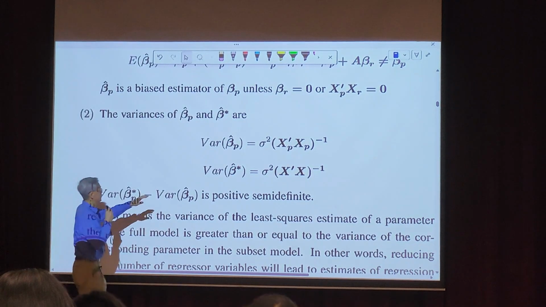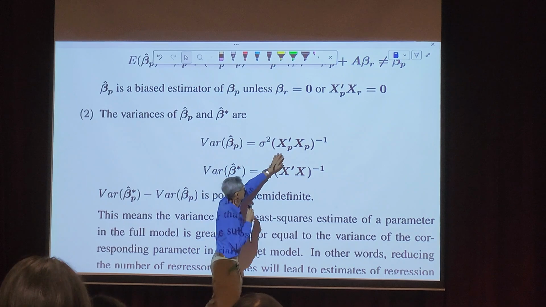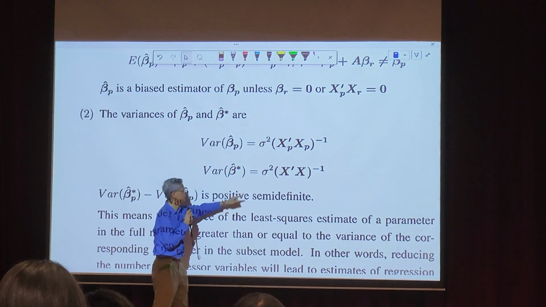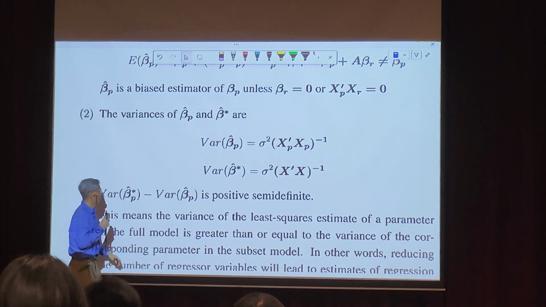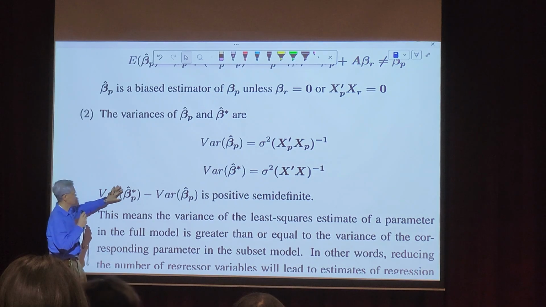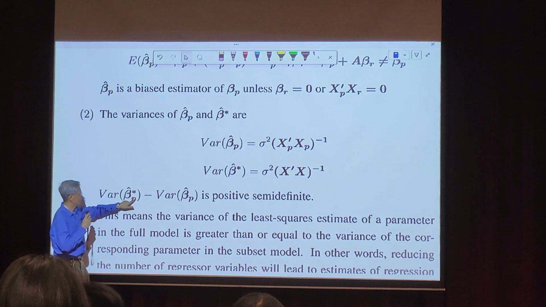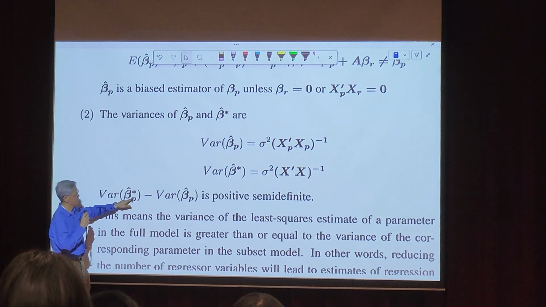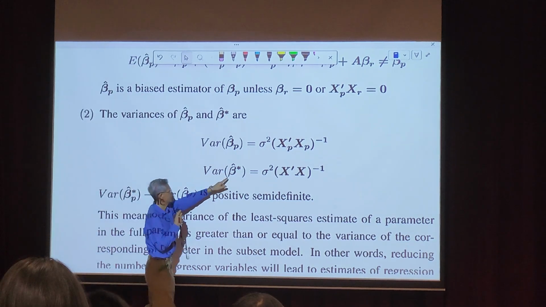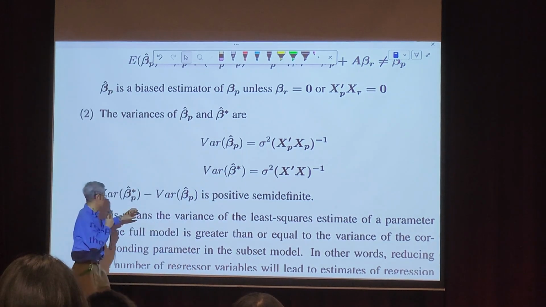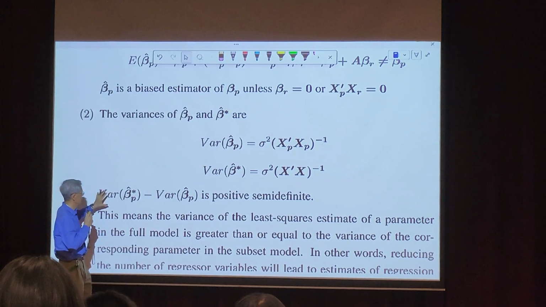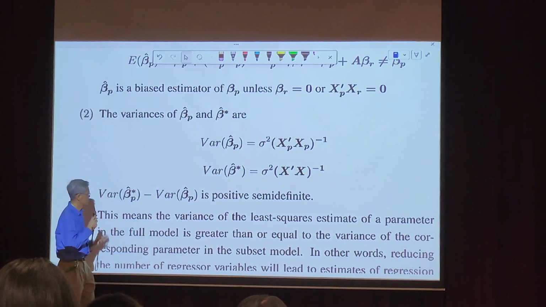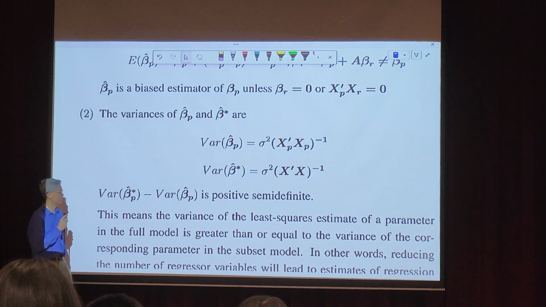Variance for beta p for the subset model is this. Now, variance for the full model is this. If you just look at the variance of the full model for those p regression coefficients only, this is a matrix, and it is positive semi-definite.